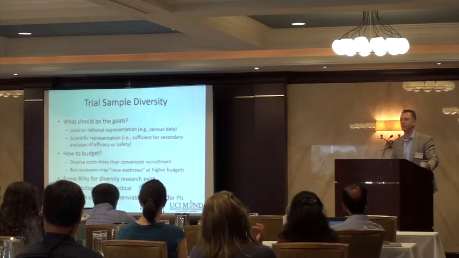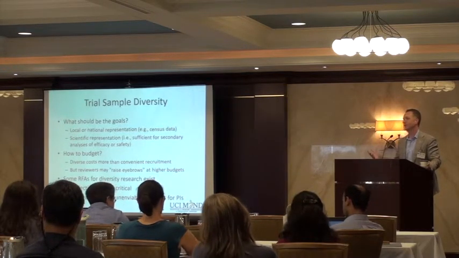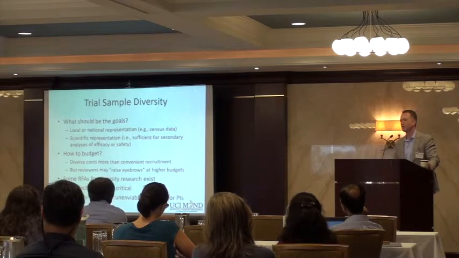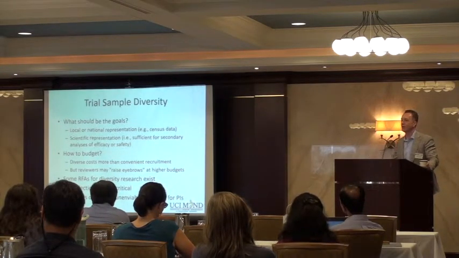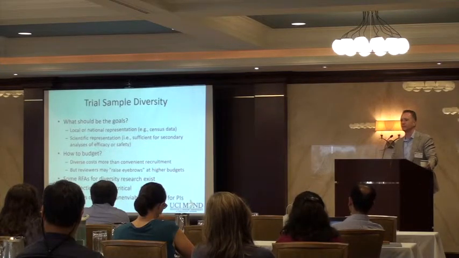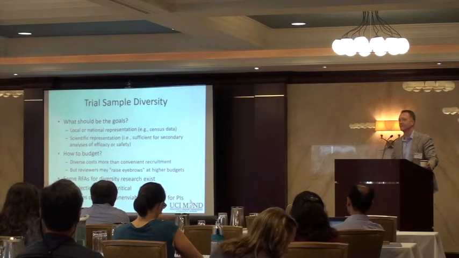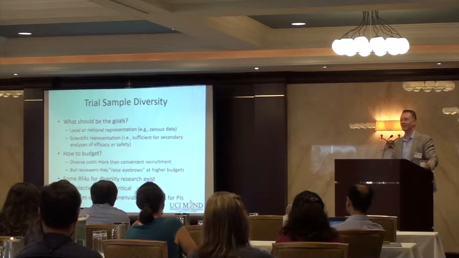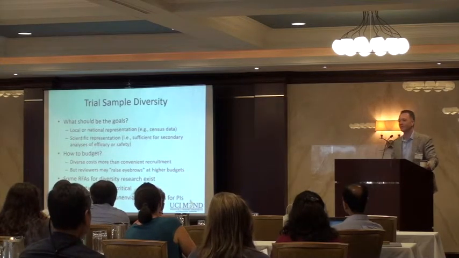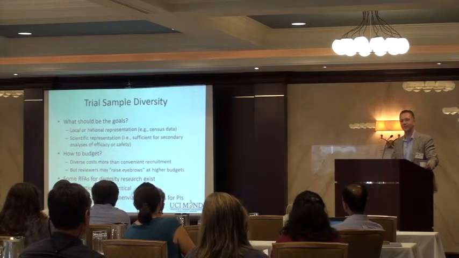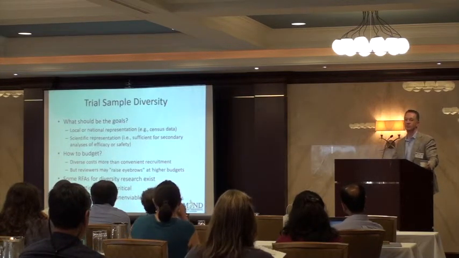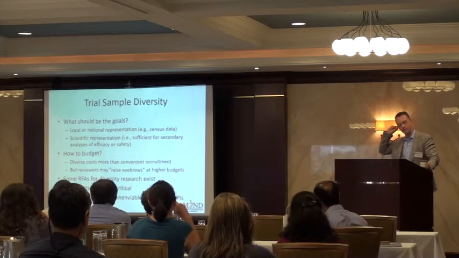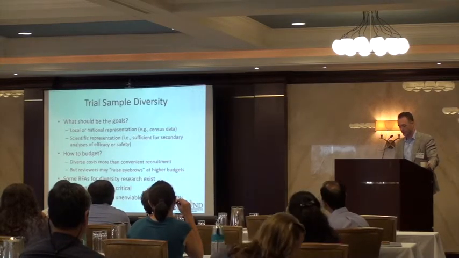More practically, when you're thinking about writing your grant or designing your protocol, what should the goal be for recruitment? In a phase 2 trial, it's unlikely that you're going to be able to look at the specific efficacy of your treatment in racial subgroups. In phase 2 trial, you're probably not even going to be able to look at efficacy in the whole sample. So how then should you make decisions about targeted recruitment and diverse enrollment?